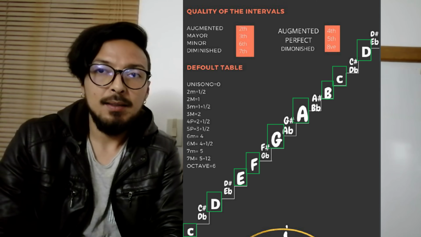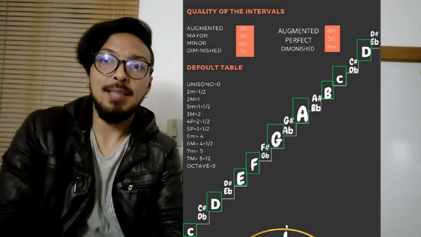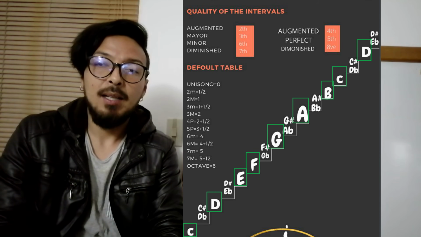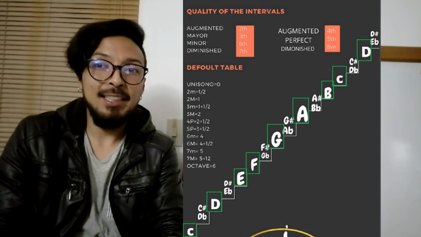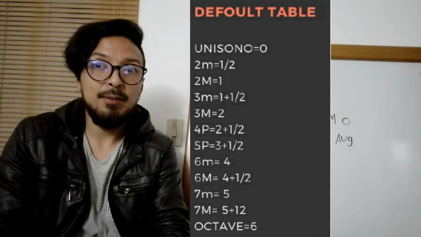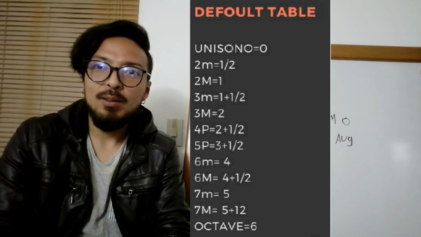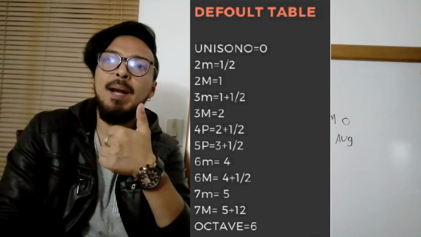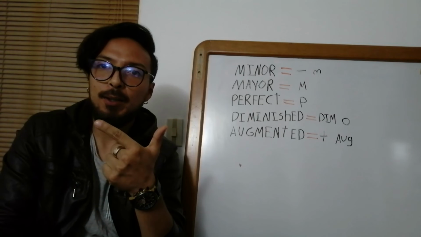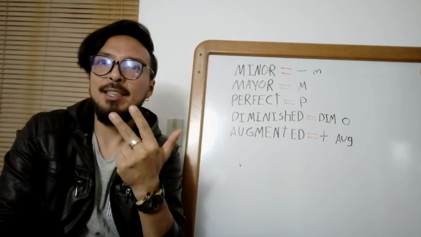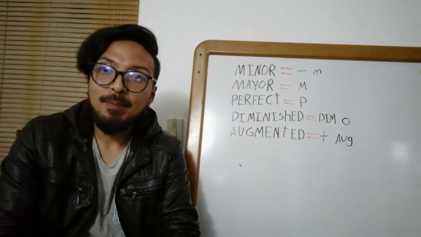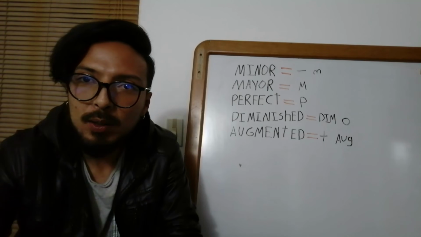That means that is 6 whole steps. So the interval is a perfect octave. Now you know how to name major, minor, and perfect intervals. Now let's work with these ones.